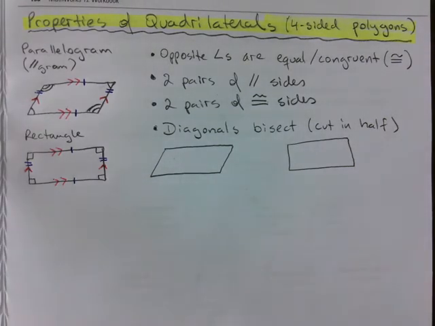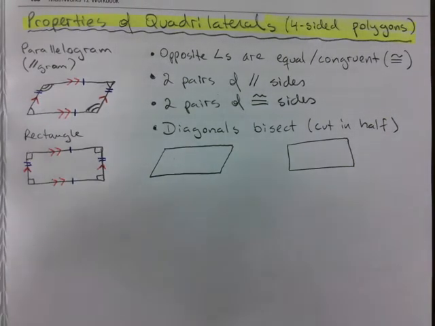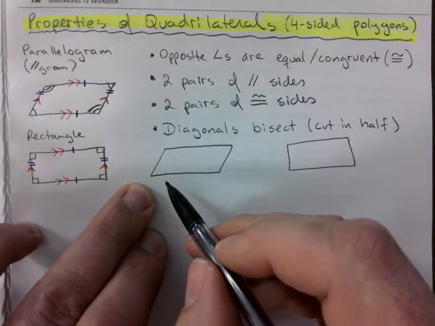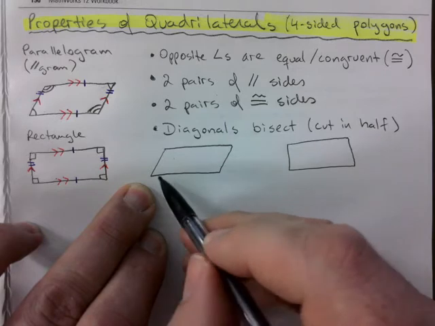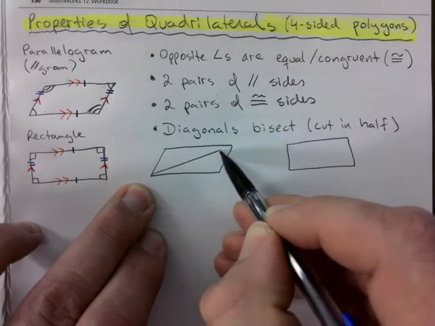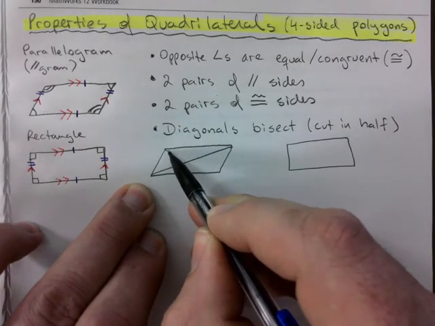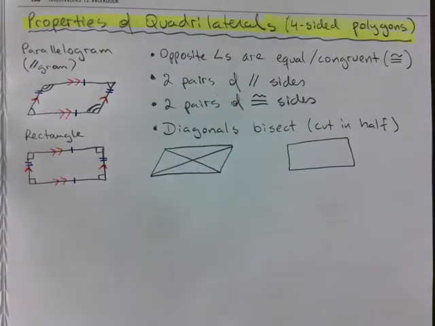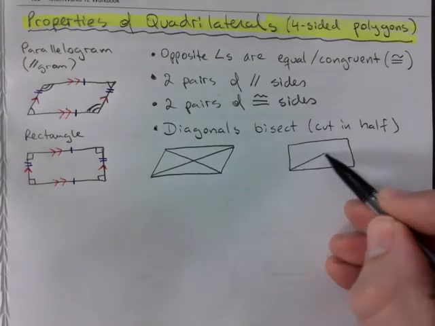And let's see, I'm curious to see if you're going to catch what I'm trying to say here. This diagonal, and this is another diagonal. So if you were to connect the opposite corners, those are called diagonals. And do the same thing here.